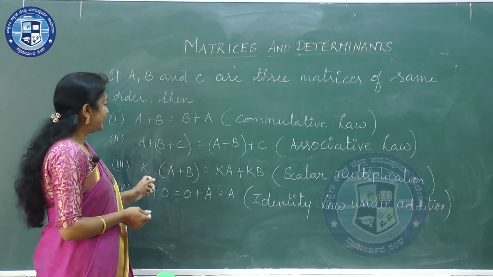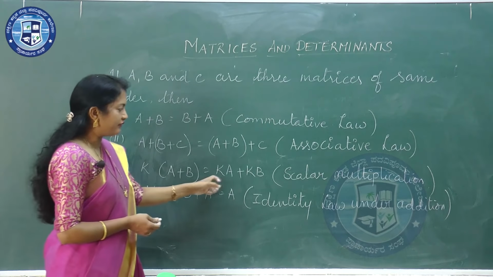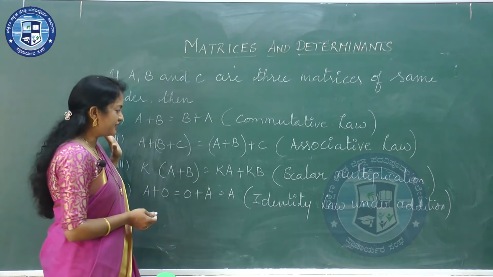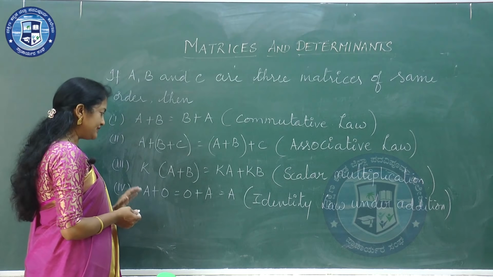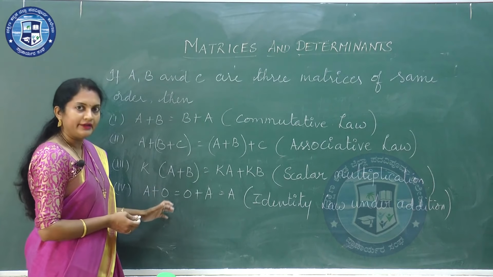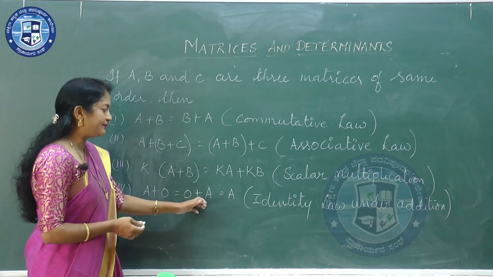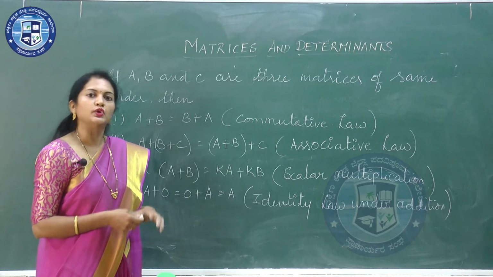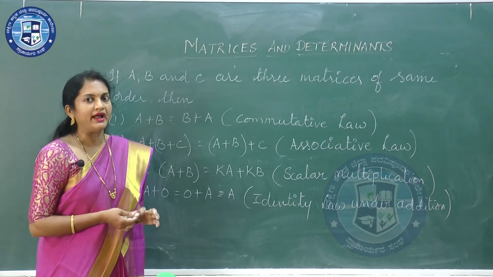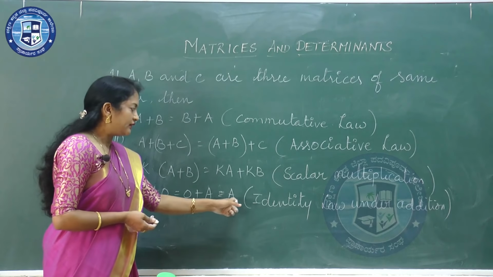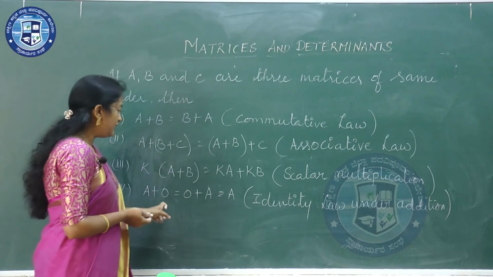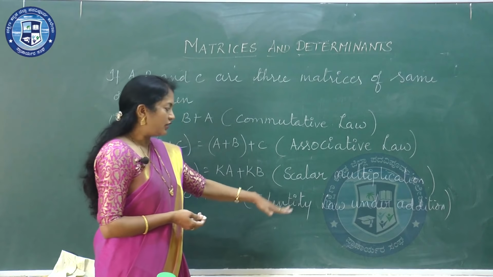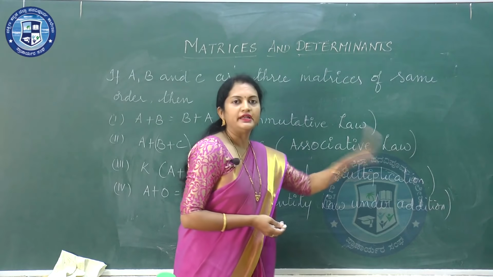Next one is K into A plus B is equal to Ka plus Kb. This is called scalar multiplication property. Now next one is A plus null matrix is equal to null matrix plus A is equal to A. If you add null matrix to any of the matrix, then the resulting matrix is the original matrix only, where here this is null matrix, and this law is called identity law under addition.